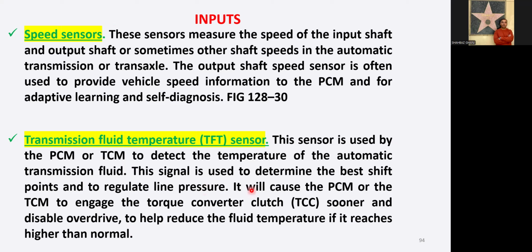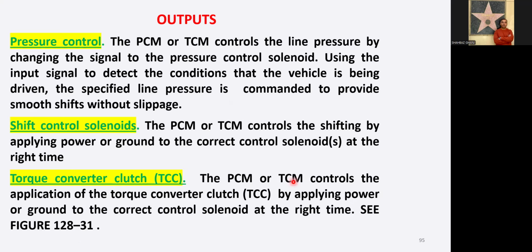It will cause the powertrain control module or the transmission control module to engage the torque converter clutch, so there should be less slippage, sooner, and disable overdrive to help reduce the fluid temperature if it reaches higher than normal temperature limits. So these were the input sensors.